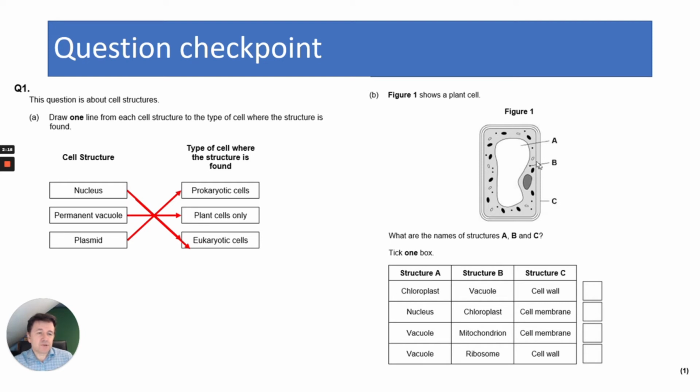So structure A, I'm going to tell you, is a vacuole. Structure B is not a great diagram, but usually the smallest part of a cell is ribosomes, so I'm going to go to ribosomes. So therefore C is a cell wall, so it can only be vacuole, ribosome and cell wall. There we go.